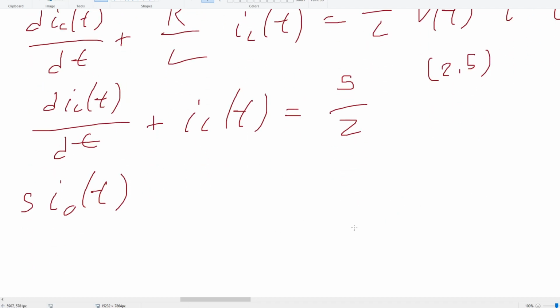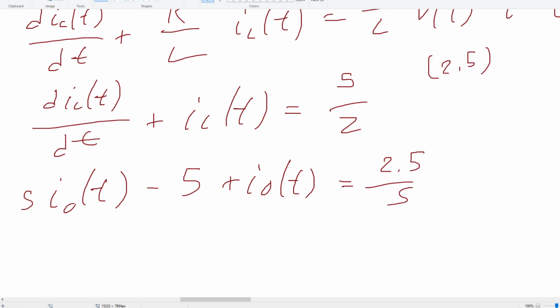So this is going to be minus 5 plus I0t, sorry, not Z, I0t is equal to 2.5 over s. 2.5 over s. Right, so that should be that.